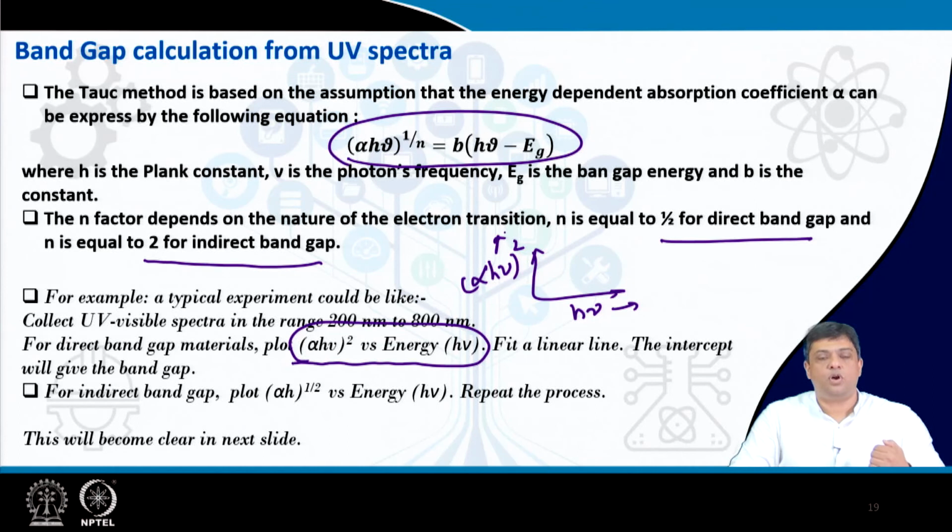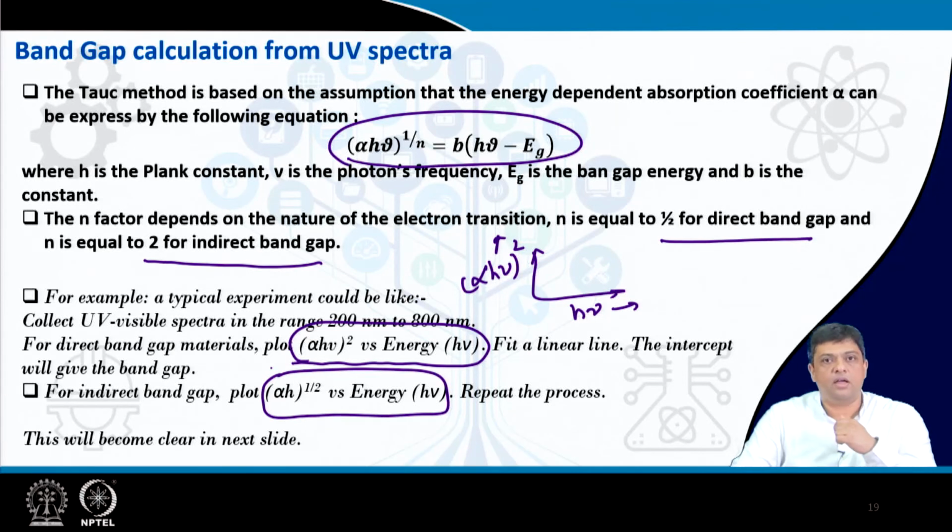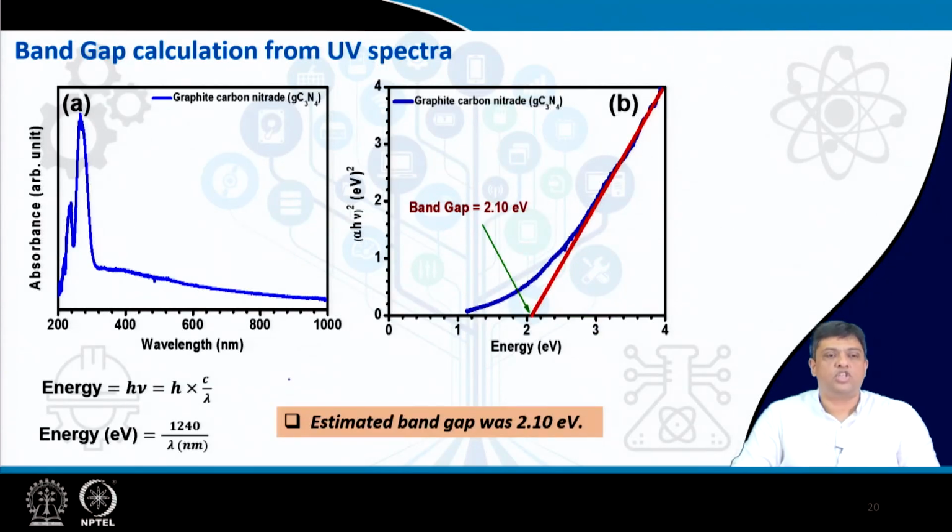The intercept on the x axis will give you the band gap, and in case of indirect type material, you will plot alpha h nu raised to the power of half as a function of energy, that is h nu, and you will get a similar curve and then you will fit a linear line. This is what you actually perform.